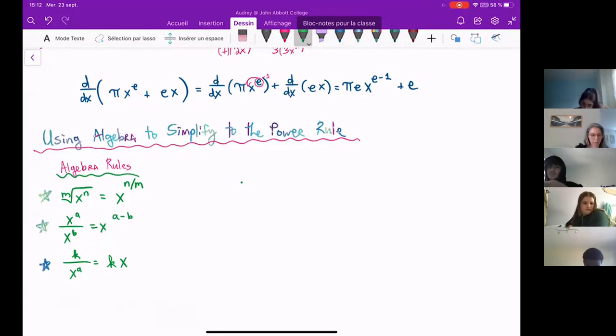Negative a. It's not 1 minus a, it's just negative a, right? Because there's nothing on top. So that means when I bring it up, I just change the sign to make that sign negative.